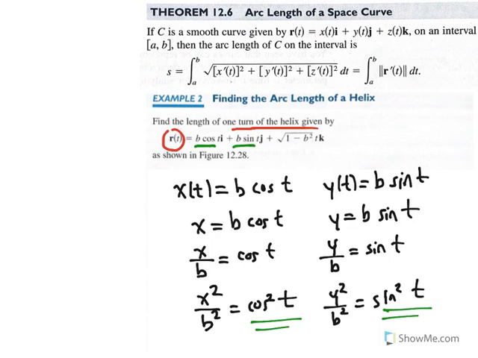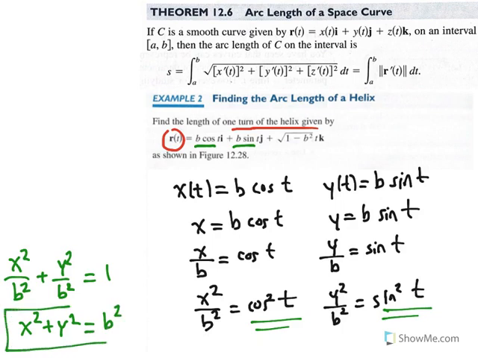When you add, you get 1. So when I use that Pythagorean identity, I'm able to eliminate the parameter, and I will have x squared over b squared plus y squared over b squared is equal to 1. If I multiply both sides of the equation by b squared, I'm able to see that what I get is the standard equation for a circle centered at the origin with radius b.